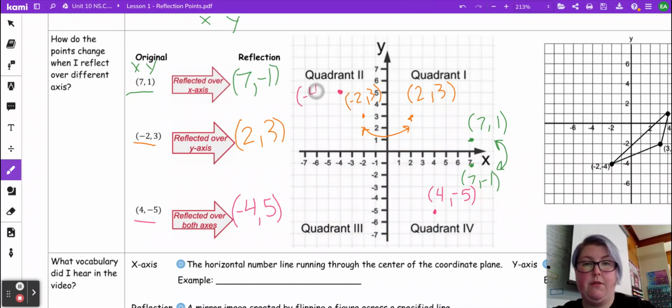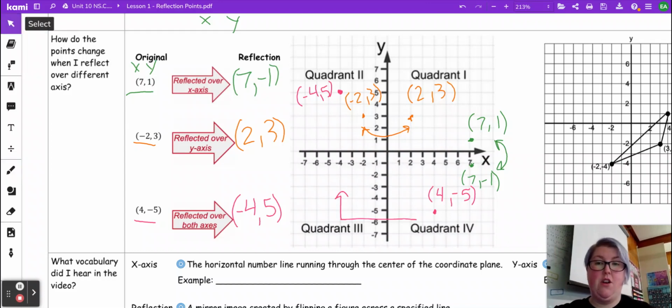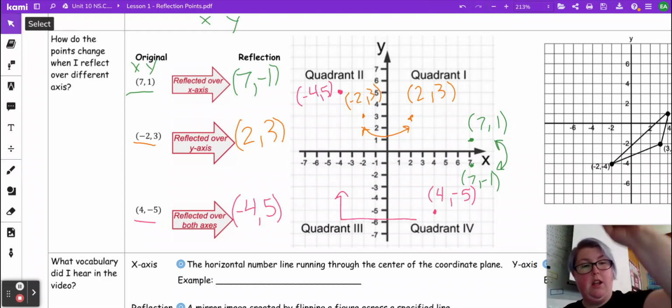So (-4, 5). We have gone over and then up. So if you're reflecting over both axes, you are going to see that across. You're going to jump from quadrant 2 to 4 or from 1 to 3 because you're going over and up. That new coordinate point goes up top.